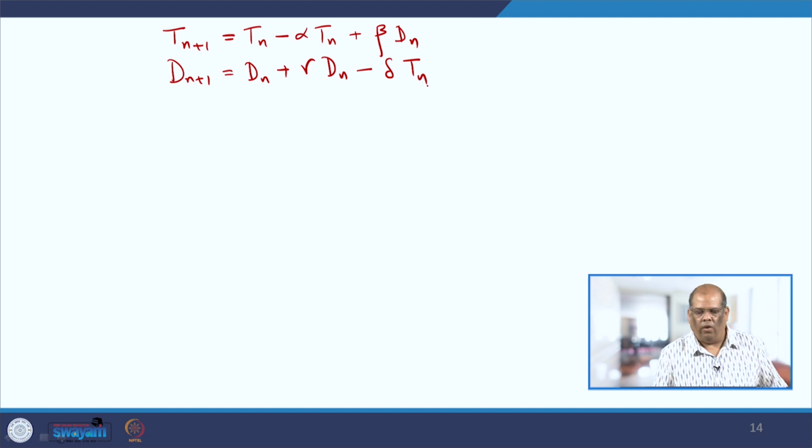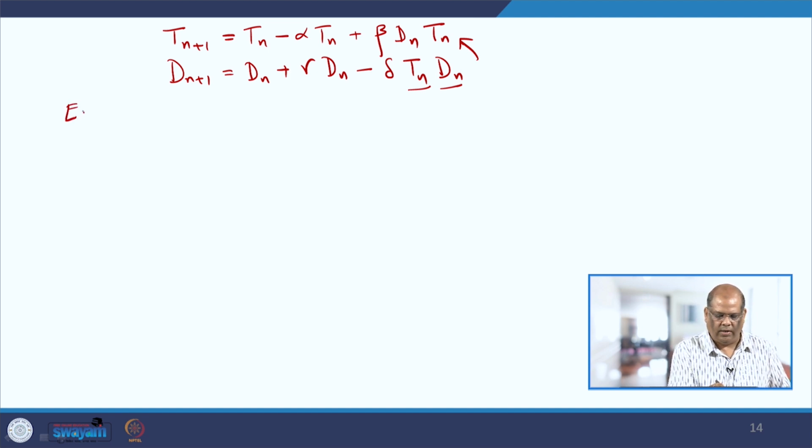So to make it nonlinear, we introduce the interaction between the tiger and the deer. So when there is an interaction of the tiger and the deer, obviously the tiger eats the deer at a rate delta, so there was a negative sign, and which is then added up to the population of tiger due to reproduction. So if we now look into this model, our first thing is the equilibrium solution.